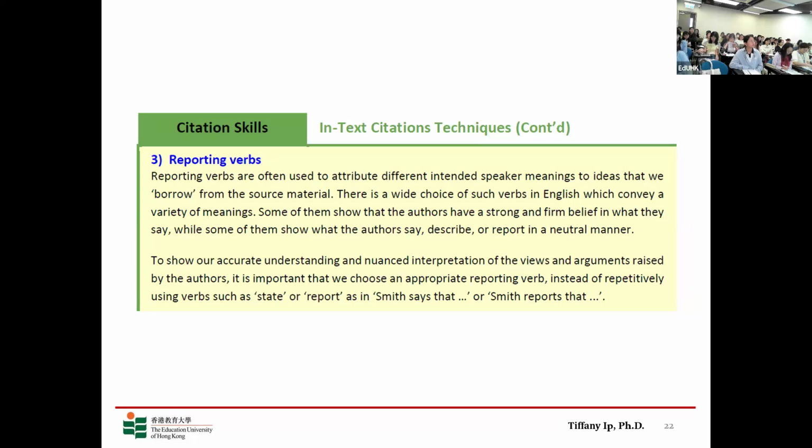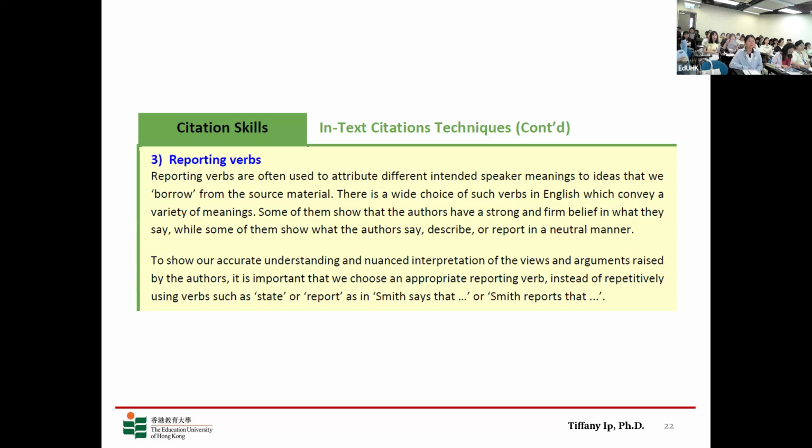And reporting verbs, I kind of test you a little bit. Okay? It is important that you know more because you want to use a greater variety in your paper. So reporting verbs would be, like just now we mentioned some of them, explain, mention, state, right? And then we can actually arrange them in many different groups.